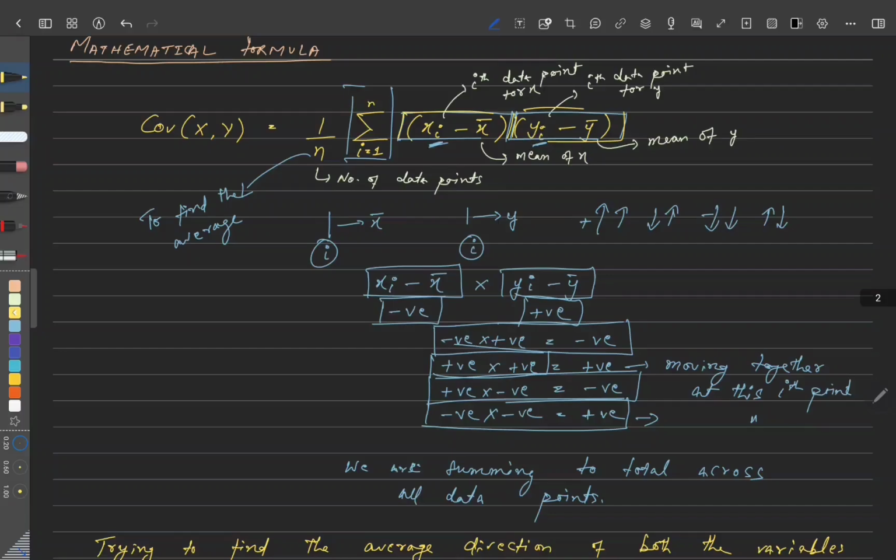If the deviations are in opposite directions, it means that the covariance is negative. And if there is zero covariance, it means that there is no pattern, which means that the two variables are not moving together anywhere.